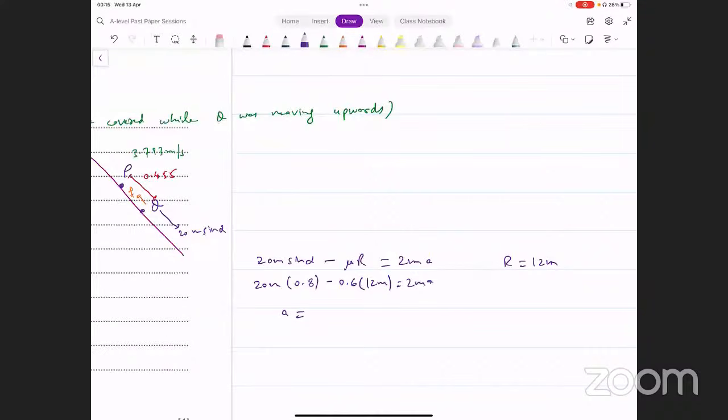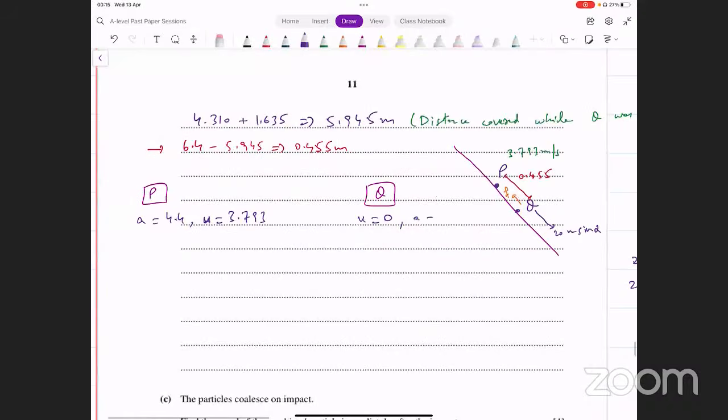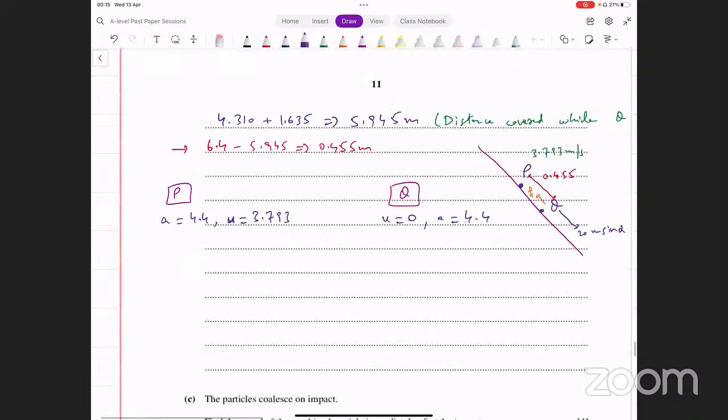P की जो acceleration थी, Q की भी वही आनी चाहिए यहाँ पे. But you can try that. 16 minus 12 into 0.6, that divided by 2, that turns out to be 4.4. ठीक है, ये 4.4 आ गई. ये acceleration भी उतनी है. तो यहाँ पे acceleration आप कहोगे this is 4.4.